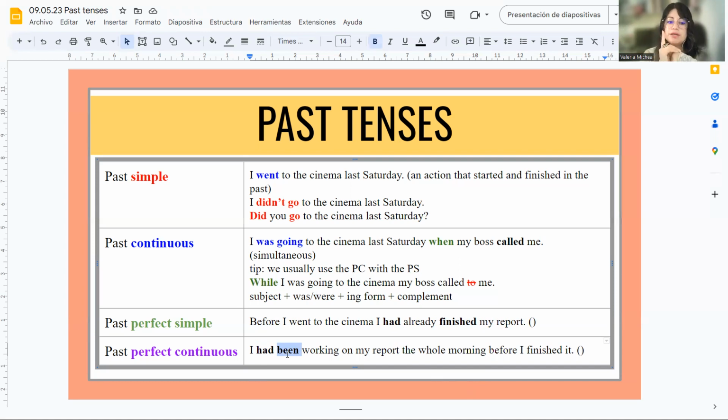All right, so in the past perfect continuous, you always need the participle form of the verb to be. What comes after the participle form of the verb to be? It's the ing form. So I had been working on my report. I had been traveling. I had been drinking water. I had been talking to my father, etc. Yeah, so had been plus ing. That's the difference in form.